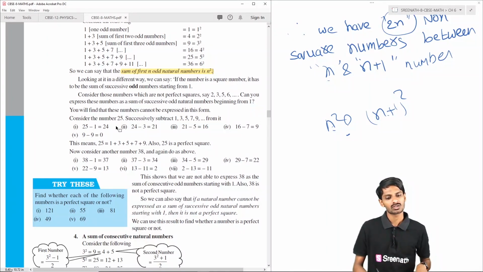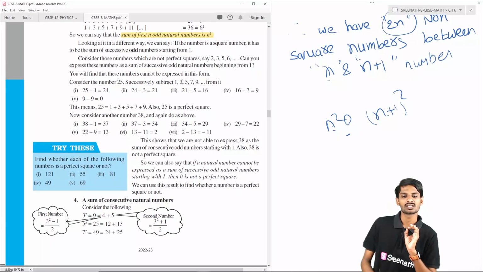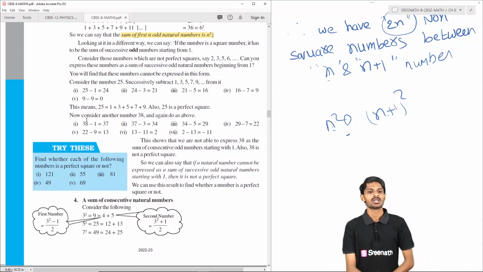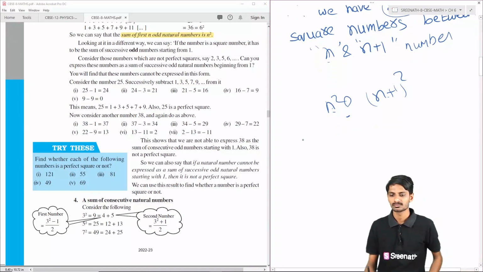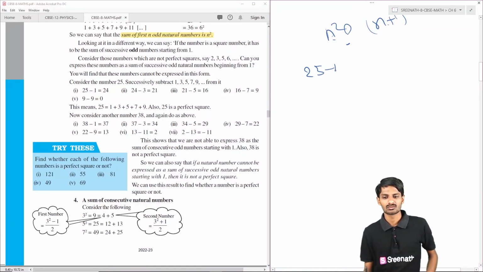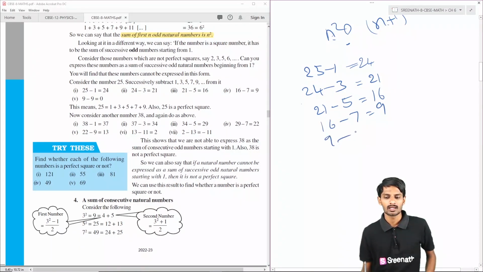Now consider the number 25. Successively subtract 1, 3, 5, 7, 9 from it. What happens? From 25, if you subtract 1, it is 24, and from 24, if you subtract 3, it is 21, and 21 minus 5 is 16, and 16 minus 7 is 9, and 9 minus 9 is equal to 0.